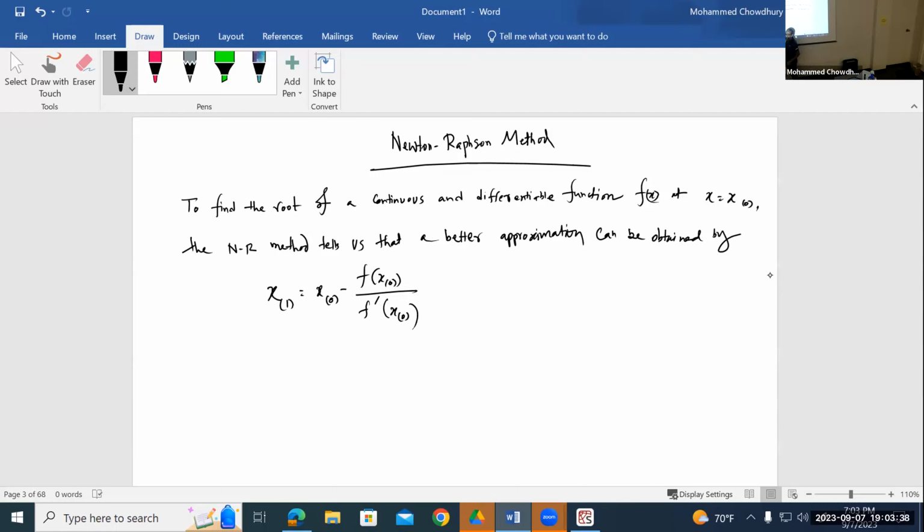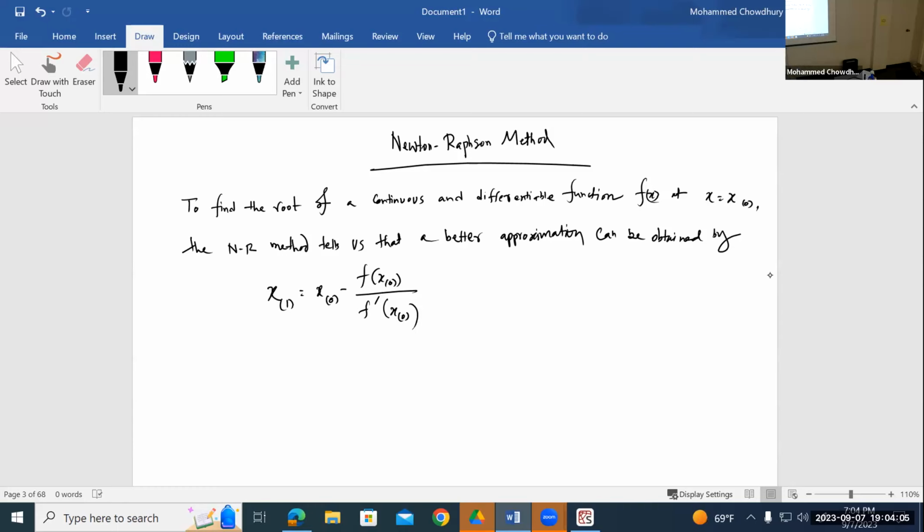Okay. You have an equation. I will give you numerical examples. This x1 will be, you have a function f(x). What value of x will satisfy the function? Suppose your function is 5x squared minus 9x plus 10 equal to 0. What value of x will satisfy that equation? Understand?